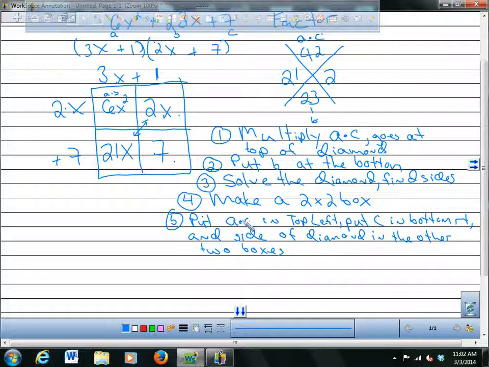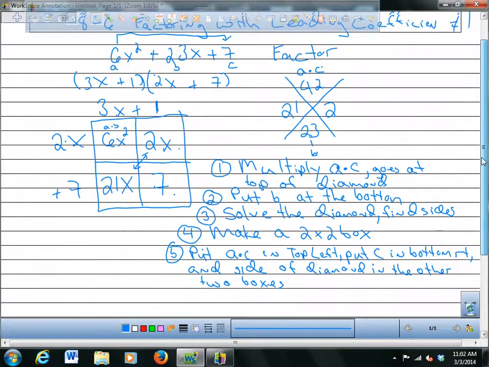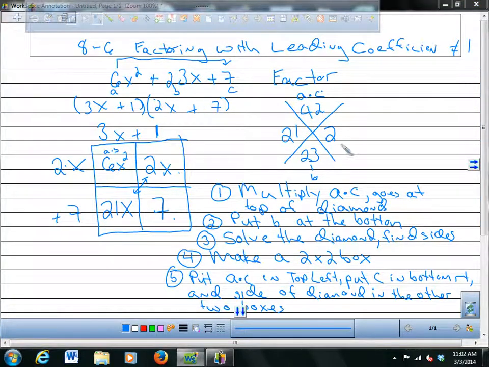No, B doesn't go anywhere. B is broken up into these two things. You see, this part is B broken up. You get it? Okay, that's why we put them.